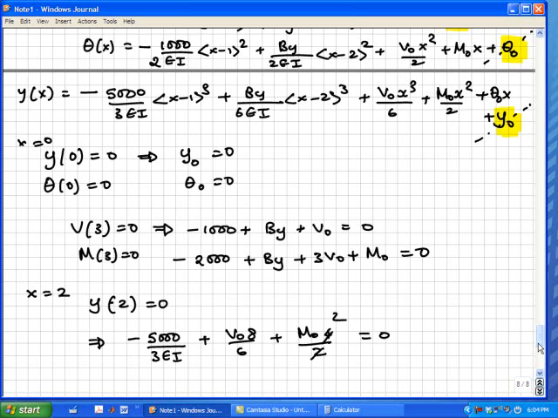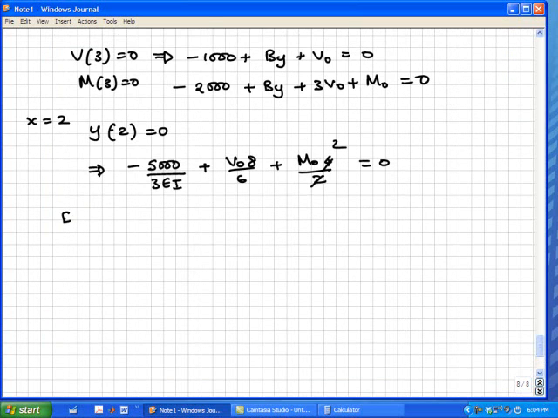So if I put EI equal to 1000, then this gives me minus 5/3 plus 4 V0 over 3 plus 2 M0 equal to 0.